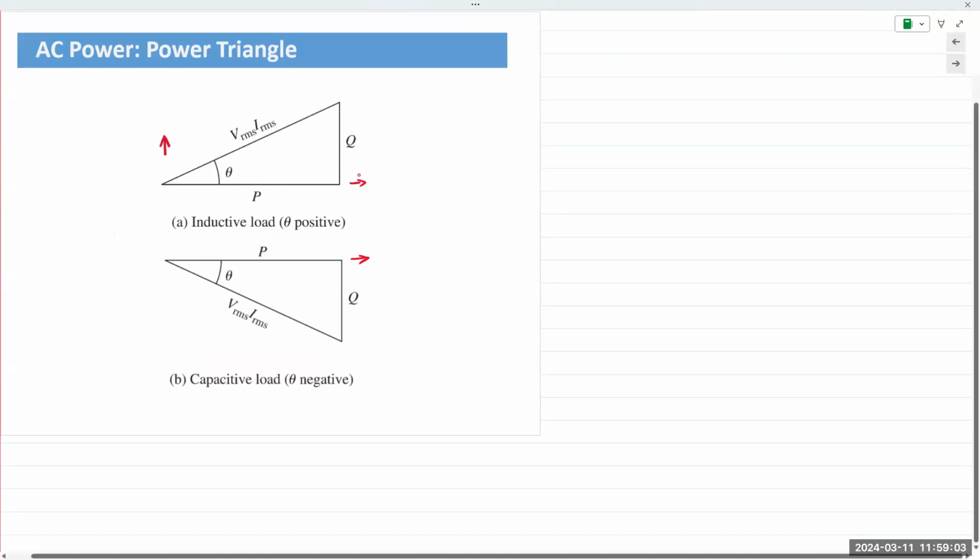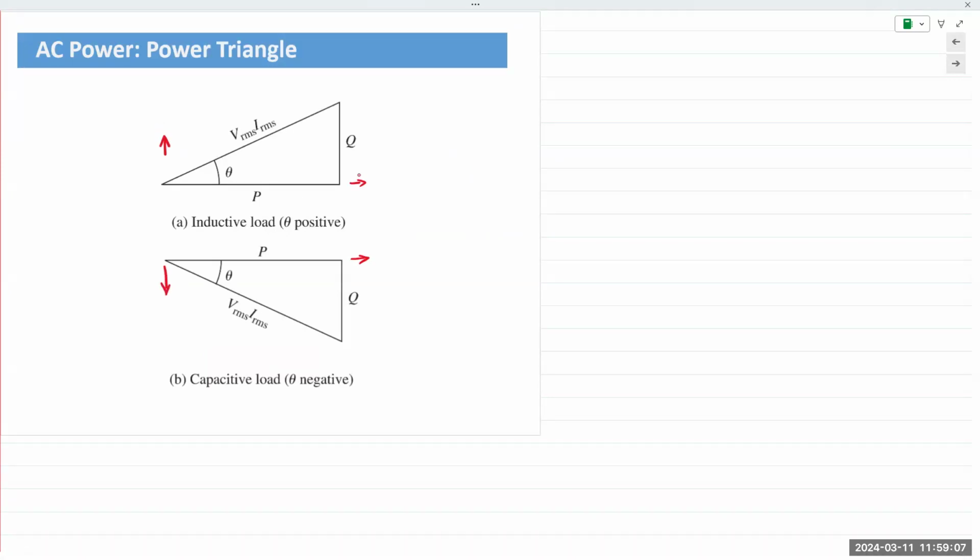Reactive power Q is on the imaginary axis. And here's the beauty of the capacitor and the inductor. For an inductor, the impedance angle is positive. The reactance is noted as positive. Hence, QL is positive. Reactive power for an inductor is always, always, always positive.